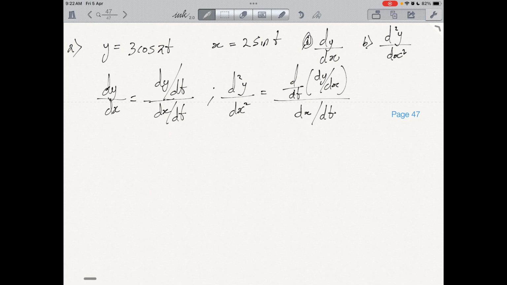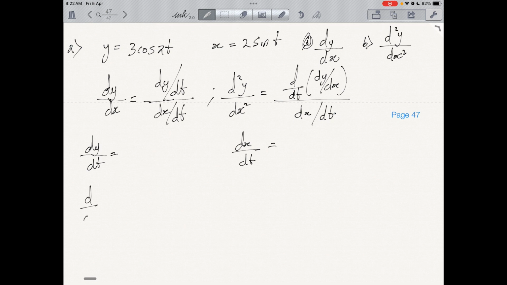Let's begin with dy/dx. The first thing we are going to evaluate is dy/dt, likewise dx/dt. Now applying the differentiation of cos at, remember that when we differentiate with respect to t of cos at, we are going to have minus a sin at, and differentiating with respect to t of sin at, we are going to have a cos at.